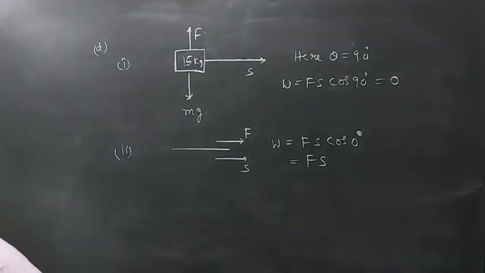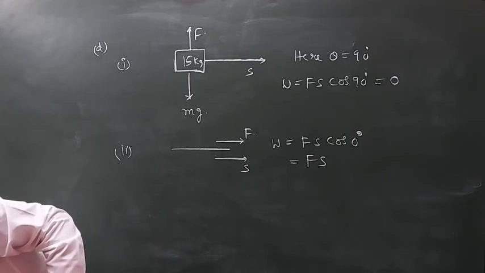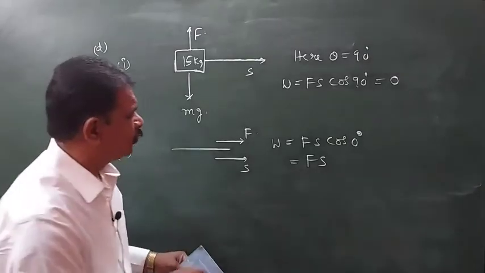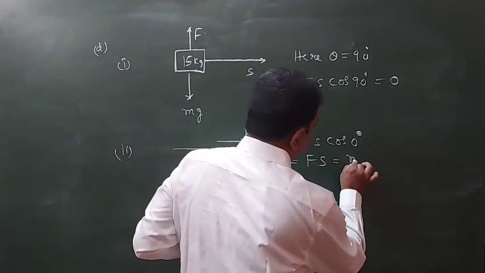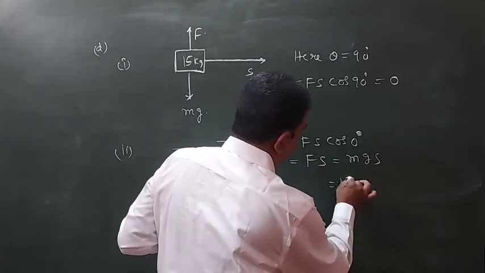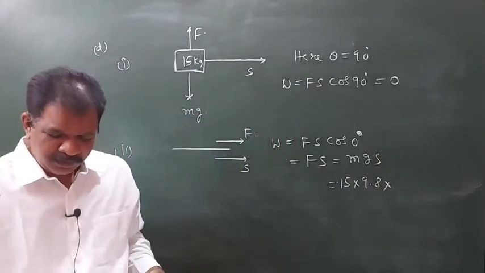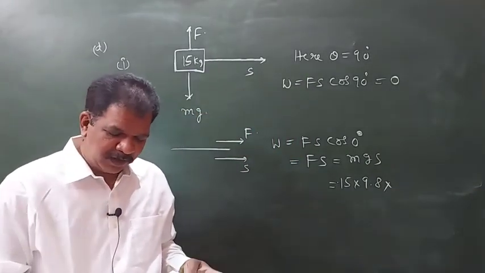So F value is equal to weight. So this is equal to mg into s. They gave m as 15. G value is 9.8. Displacement, he walks 2 meters.